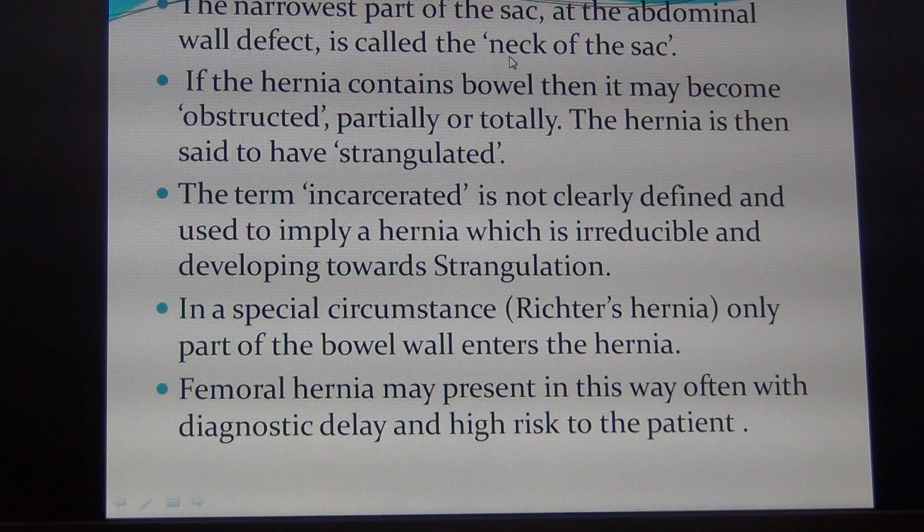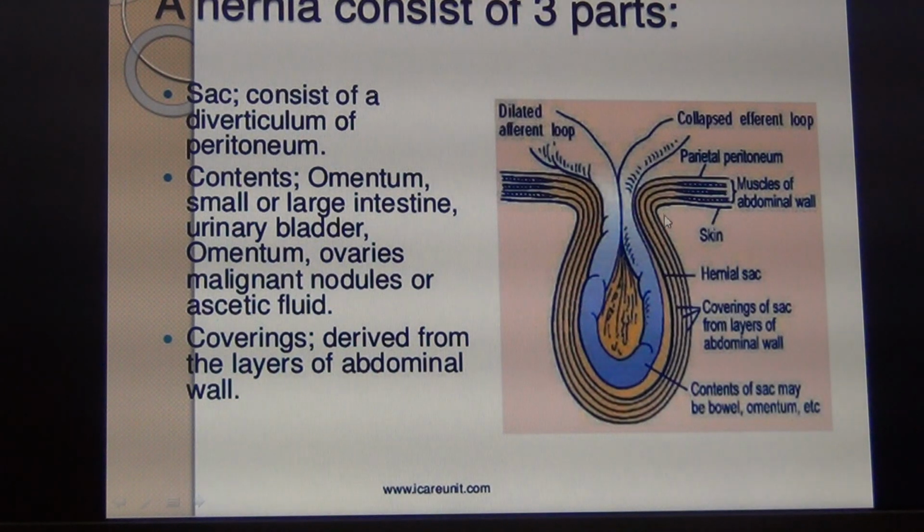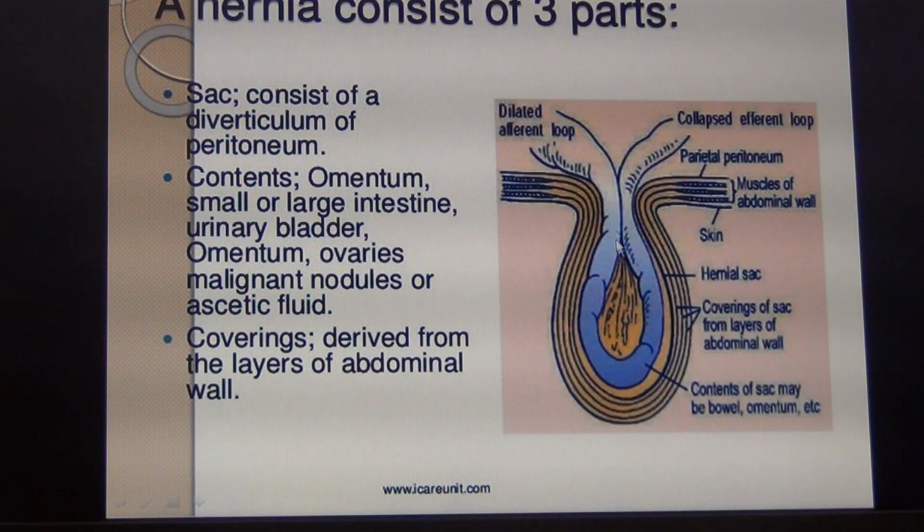The narrowest part of the sac is called the neck of the sac. This is the neck of the sac. This is the sac. These are the contents, which are the dilated bowel loops. This is the skin, this is the abdominal wall muscles, and this is the peritoneum.